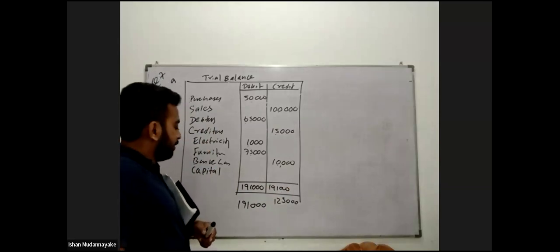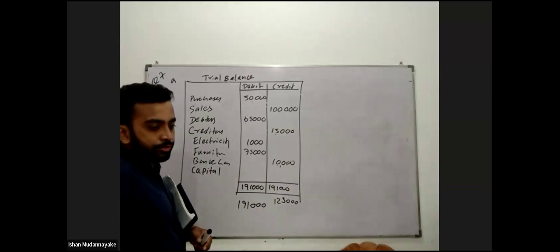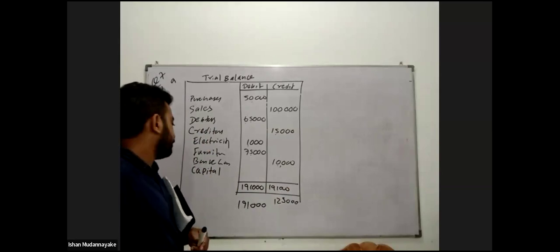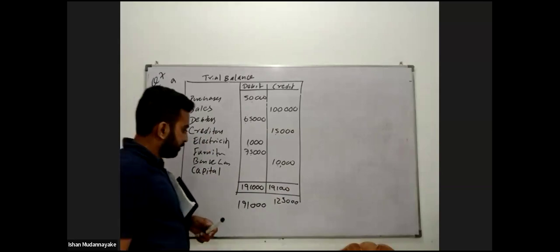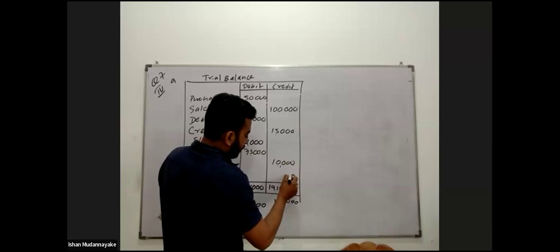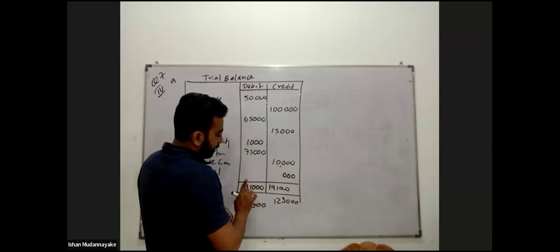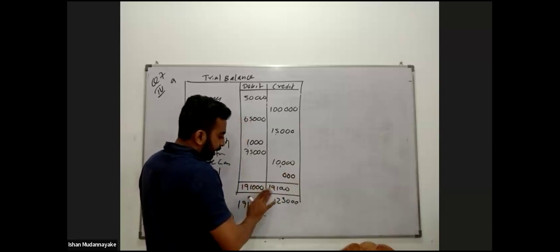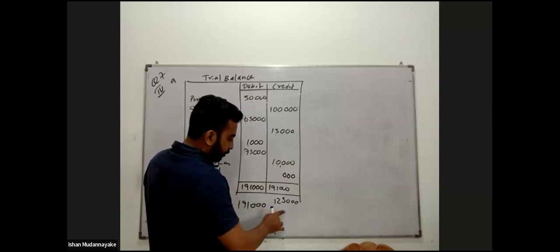If capital is also available, then we can transfer the difference to the suspense account. And how much is the capital account balance? From the debit side total, deduct the credit side total. Credit side total 125,000.